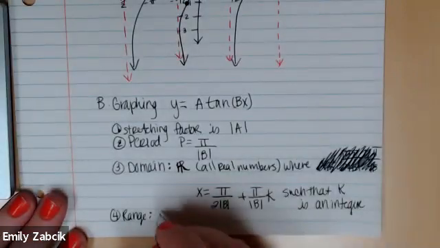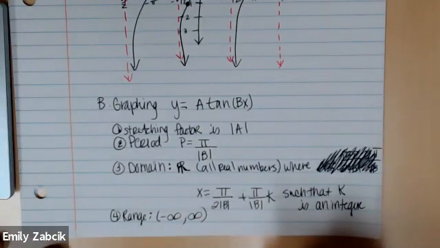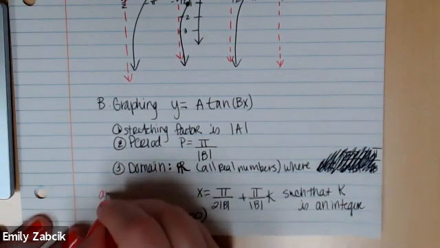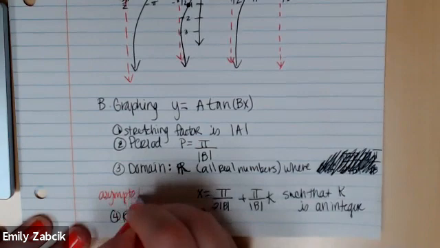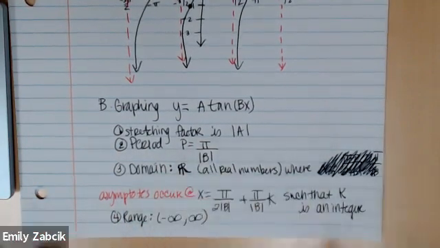And so the range for this is going to be from negative infinity to infinity. We can note that the asymptotes occur at these values that we've already written out and that we restrict from our domain. So I'm writing that in another color there.